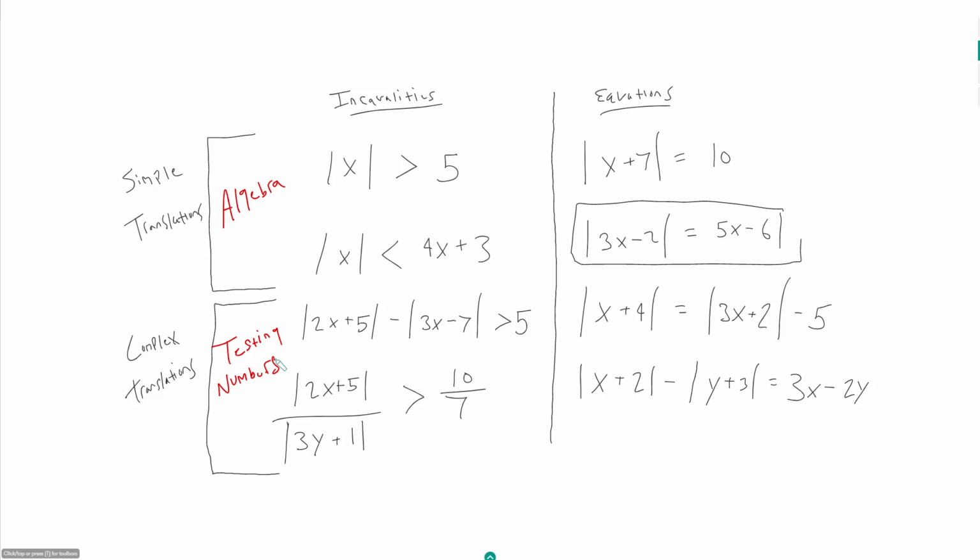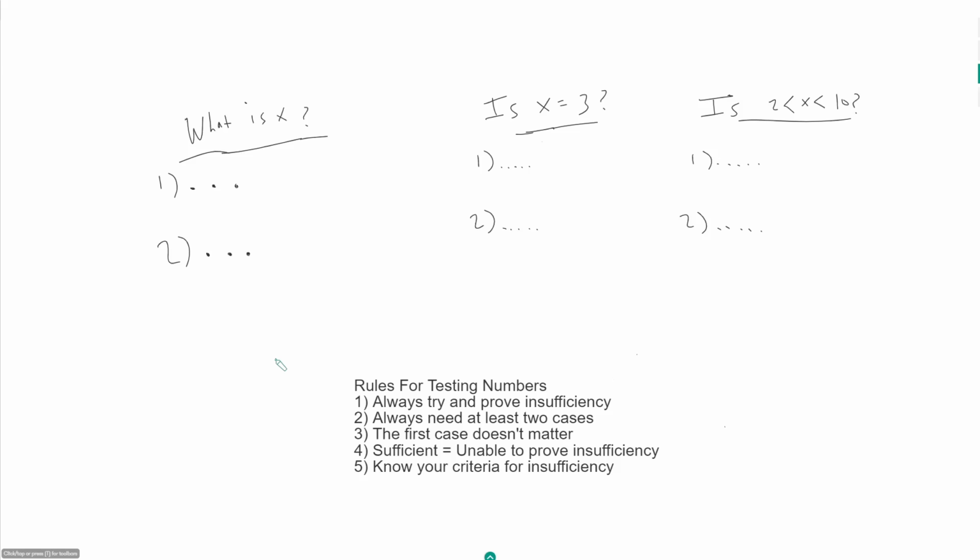So let's take a detour here to talk about testing numbers on the GMAT, particularly on data sufficiency questions, because I think testing numbers is a very useful skill to have on the GMAT.